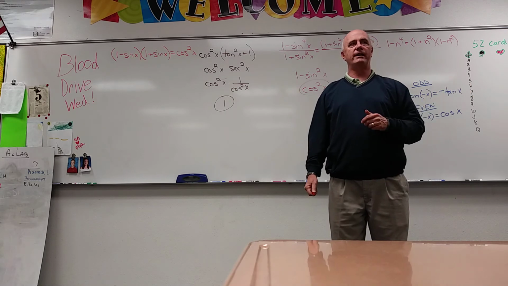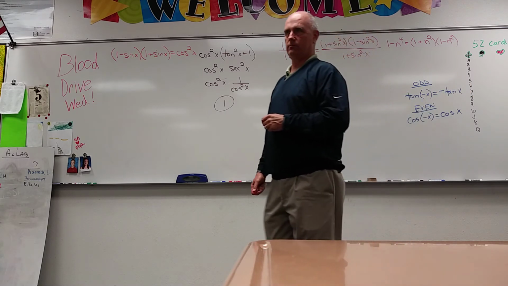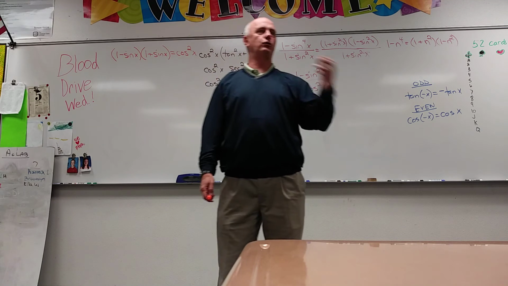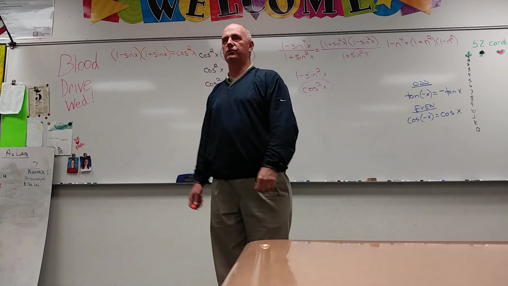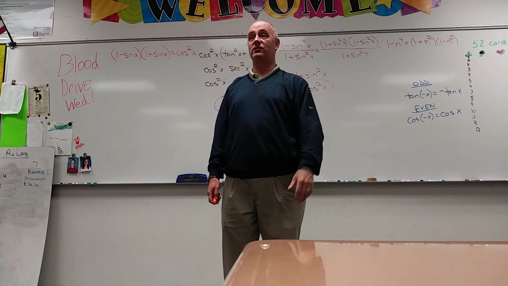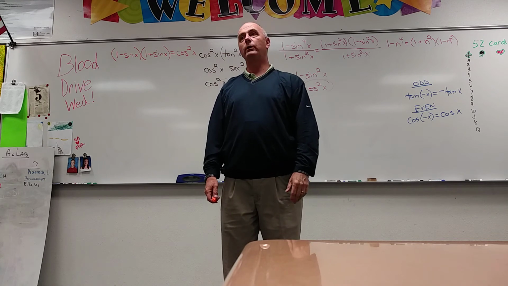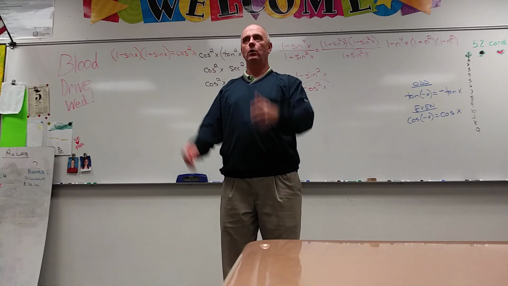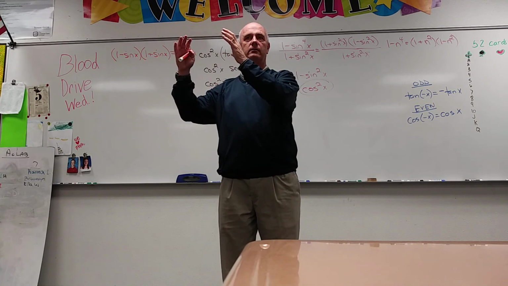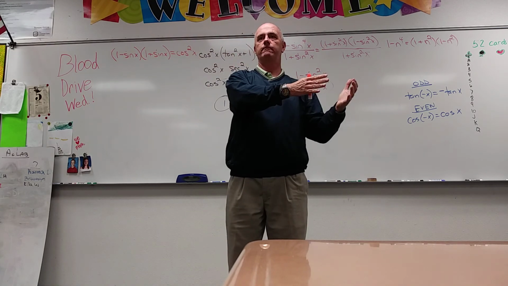And what I mean by that is we can't do anything to both sides. We can't add 2 to both sides or subtract 5 from both sides or multiply both sides by 7 or anything like that. What we have to do is basically work on one side until it becomes the other side.